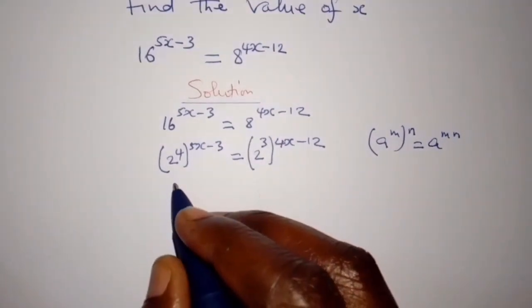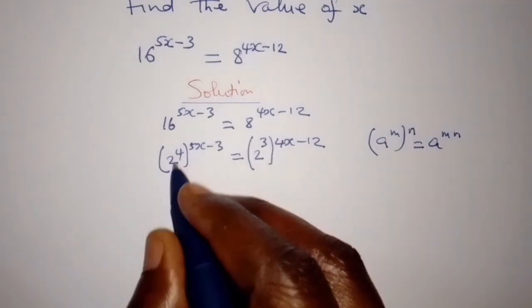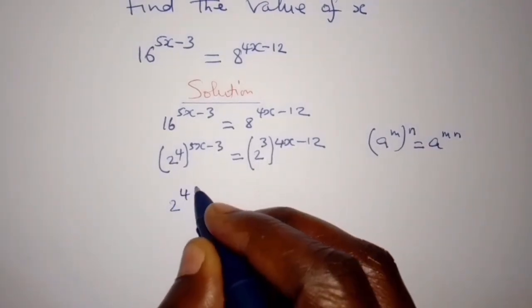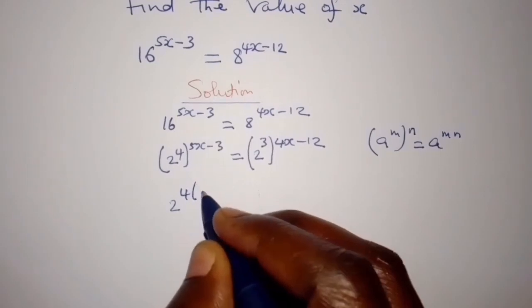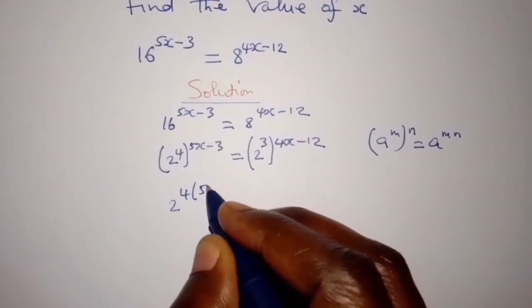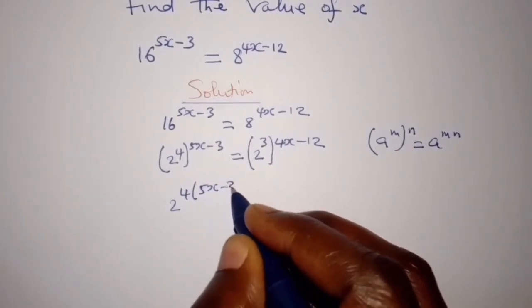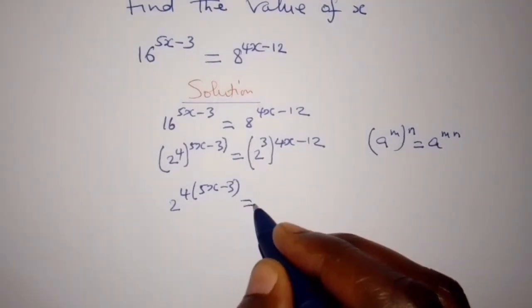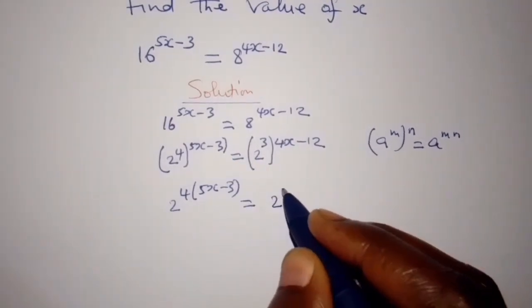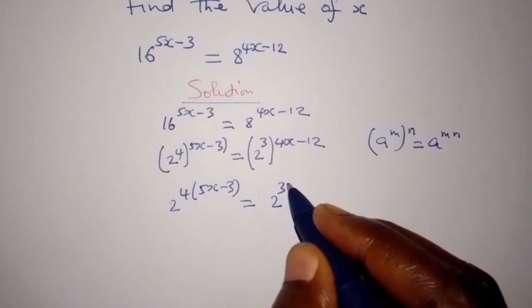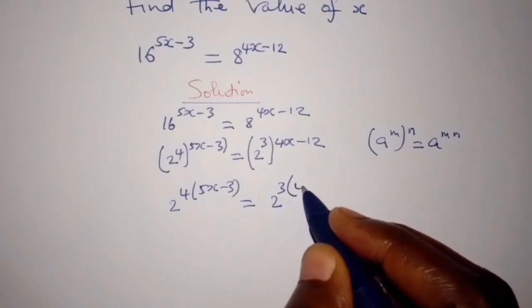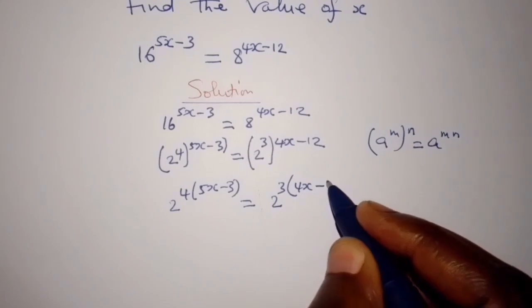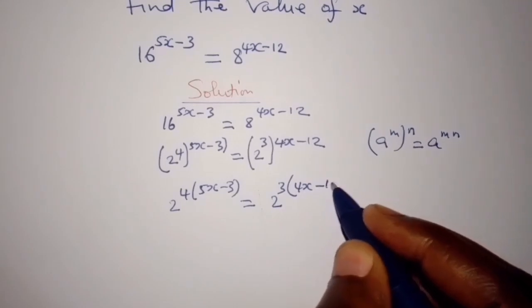So you can say that this is 2 power 4 in brackets 5x minus 3 is equal to 2 power 3 in brackets 4x minus 12.